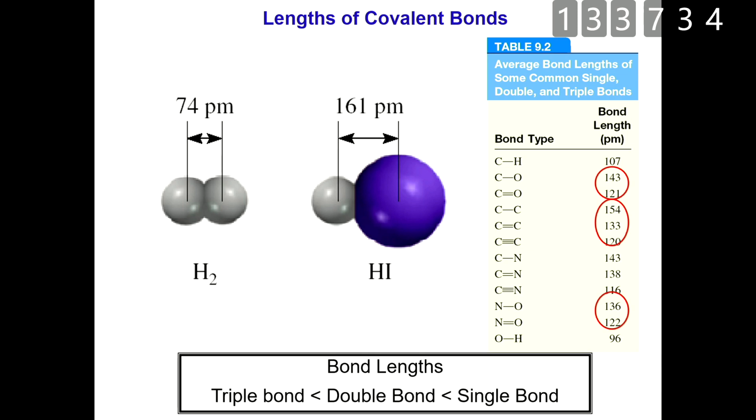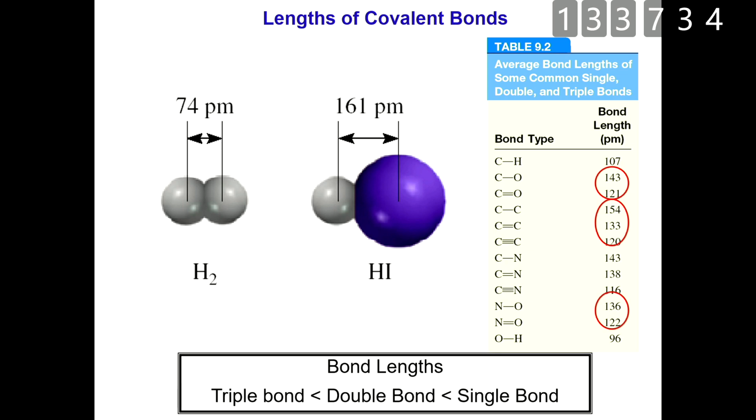And between two carbons, it may be a single bond, double bond, or triple bond. And you can see for the distance, the triple bond is shorter than the double bond, and is shorter than the single bond. We know if the bond length is small, this means the atoms are closer, and so this also means they are stable.